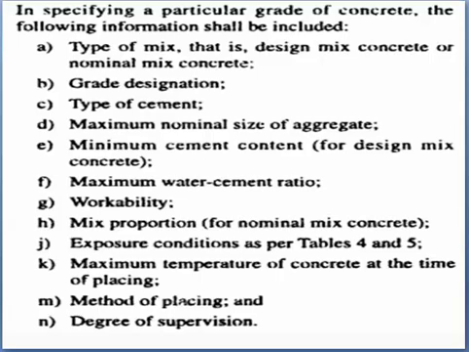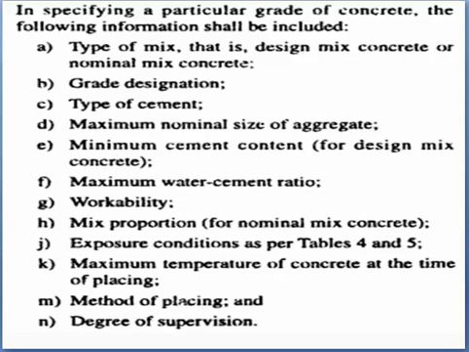So we need to test the materials, check the nominal sizes of the aggregate, calculate the minimum cement content, and follow the Indian standard codes for the mix design, which are IS 456 and IS 10262, as explained in the last lectures. Then maximum water cement ratio: we should have the information on the maximum water cement ratio we need to fix.